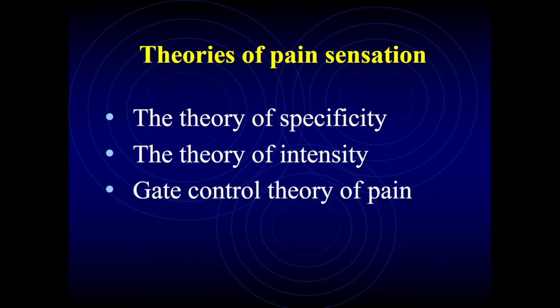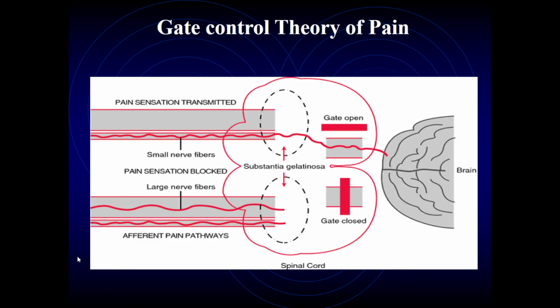This gating mechanism is controlled by the activity in the small and large fibers. Activation of small diameter fibers opens the gate. Activation of large diameter fibers closes the gate.